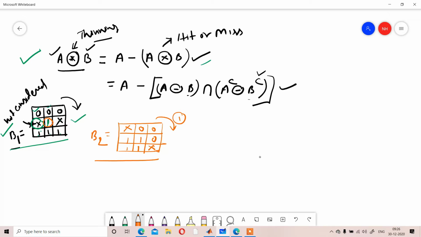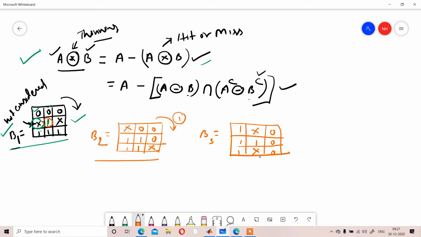In that way, if we consider B3, obviously that cross will come here, 3 zeros after the cross, then the second cross, then 3 ones, and the middle is 1. That will be the third structuring element.